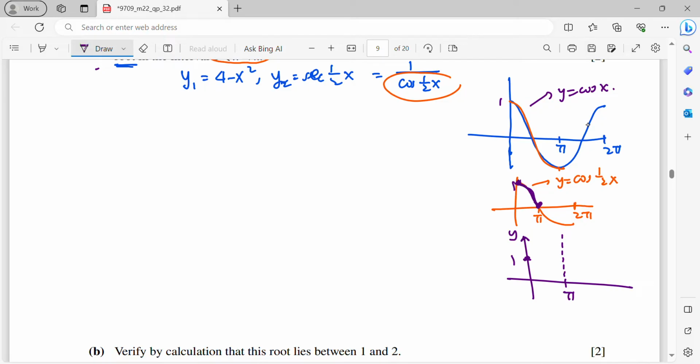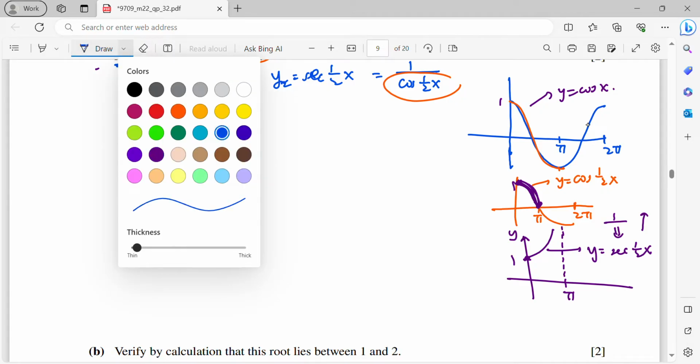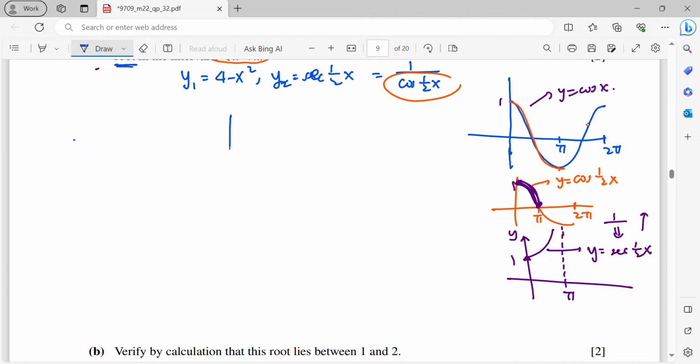Because from 1 the graph drops, so 1 over drop, it will be increasing, right? So here will be just this part. So this is going to be my y2, secant half x. Alright, so now I will sketch both graphs on the same diagram. Here is my pi.